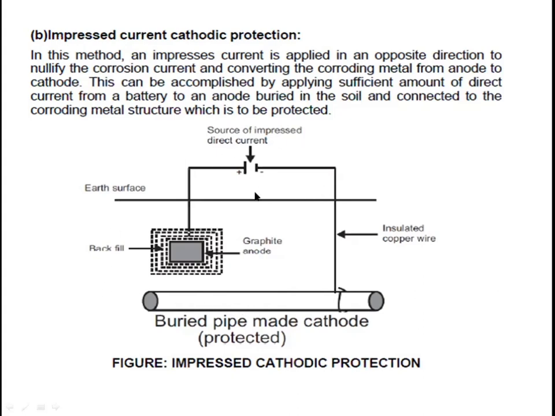By applying the current in the opposite direction, the corrosion is nullified and the corroding metal is converted from anode to cathode. This cathodic protection is applied to open water box coolers, water tanks, buried water pipes, condensers, etc. This kind of protection technique is particularly useful for large structures for long-term operations.